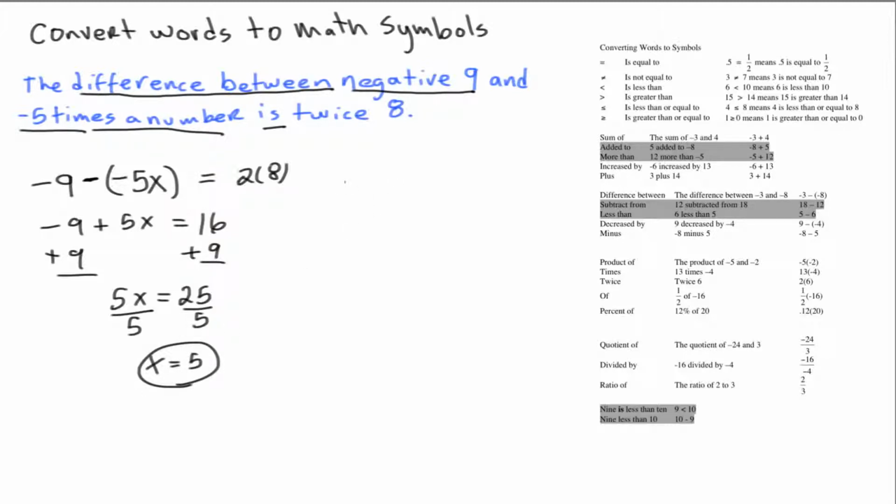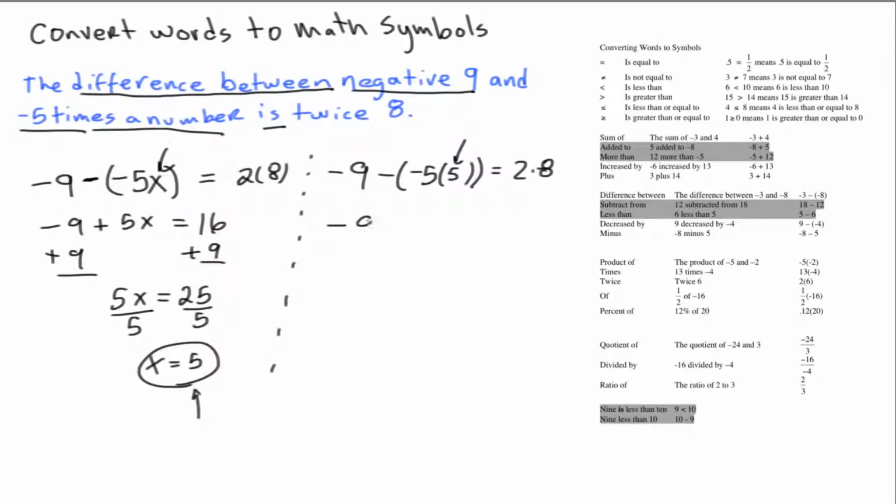Now, we can double check it. Here we go. Let's see if we can do this. Negative 9, take away negative 5 times 5, right? Equals 2 times 8. All right. Where did I get this 5 from? From the x, which is x equals 5.